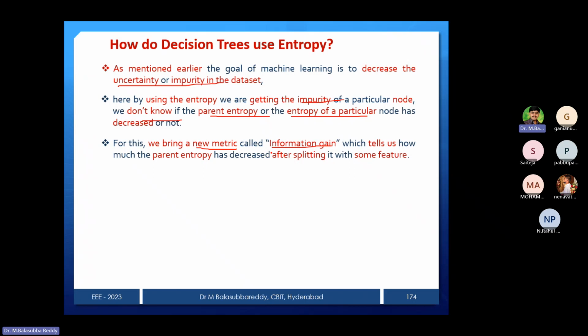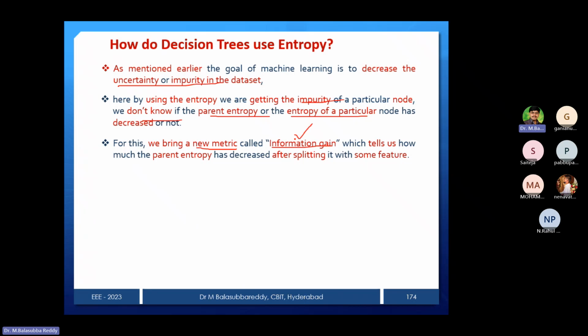But we calculated entropy for feature 2 and feature 3, and whether the root node is satisfied or not is also a problem. For that, we use another measure, information gain. This is one of the methods used in the decision tree.